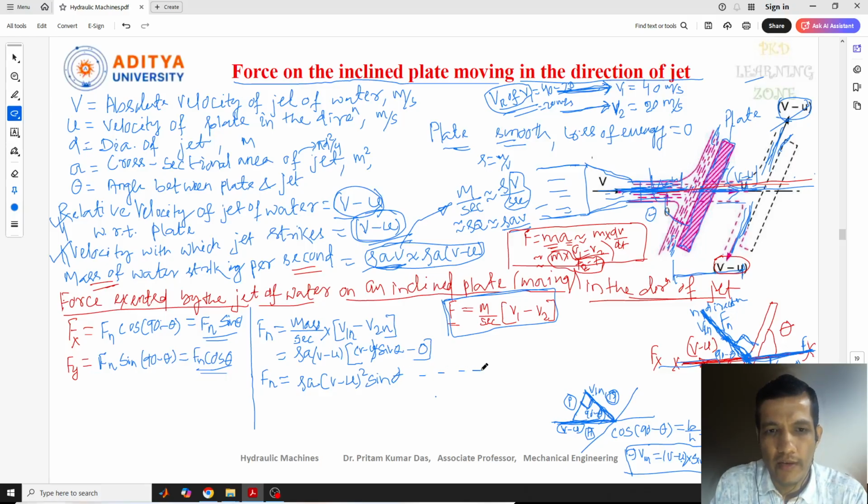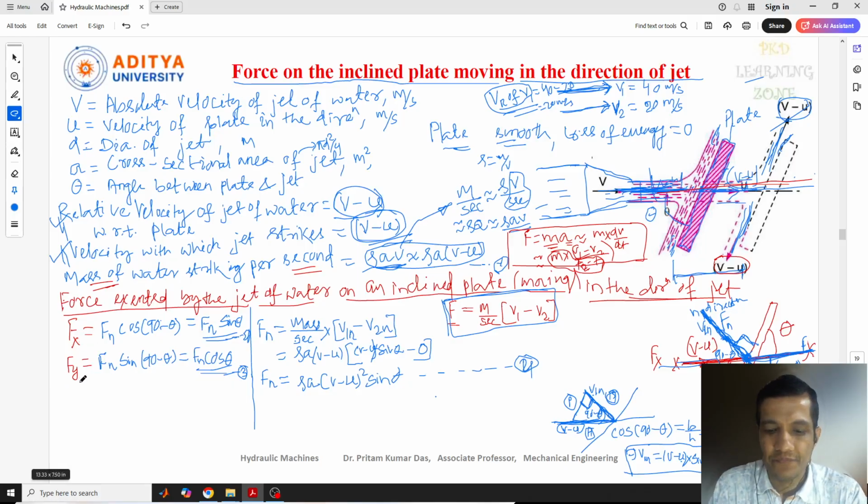So this one we can give as equation 1, and this is equation 2, and these two equations are already there. This is our equation 3. Now we can give this value as equation 4. Now we just put the value of Fn in the Fx.